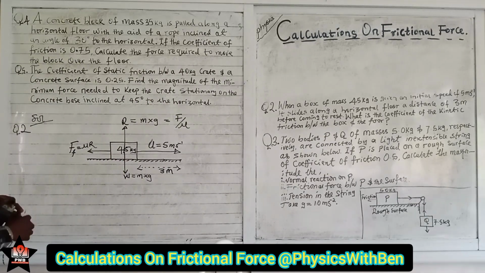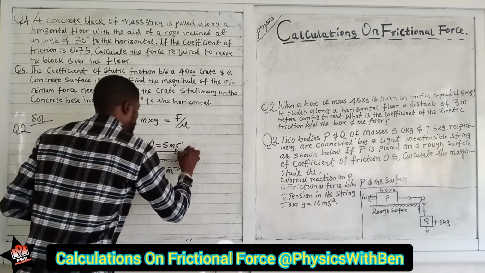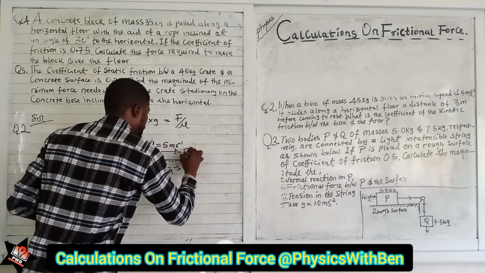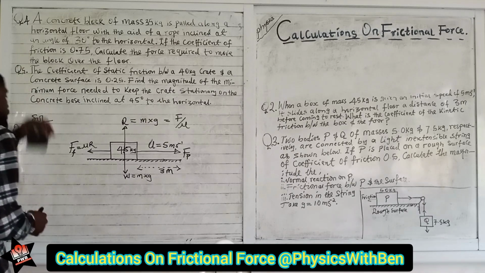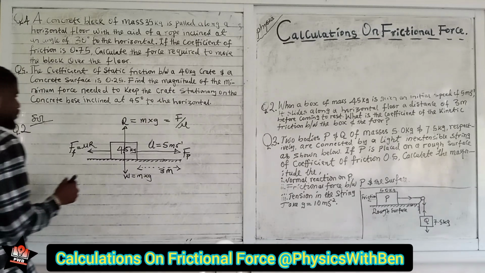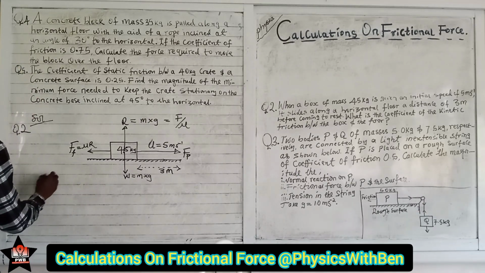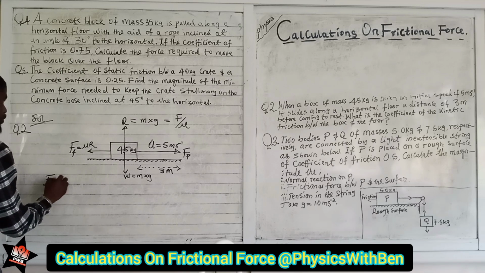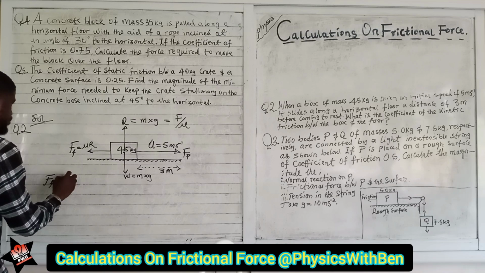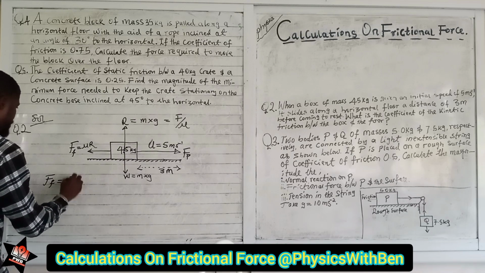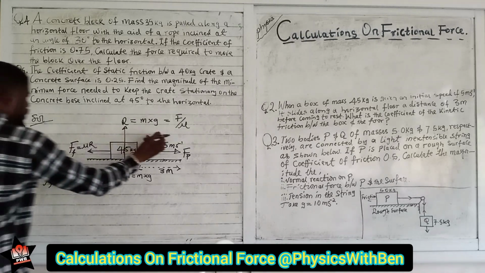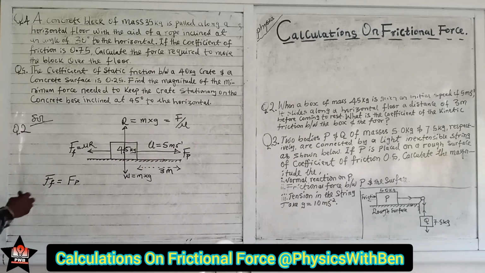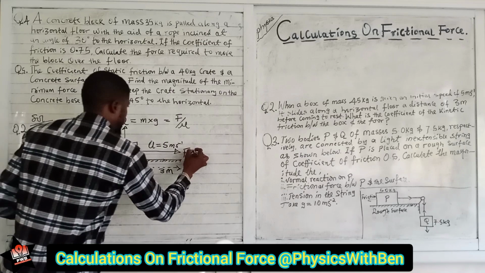So now let's calculate. So here is also a pull force. So we write that our frictional force is equal to the pull force, and our pull force, don't forget this body also moves with an acceleration.